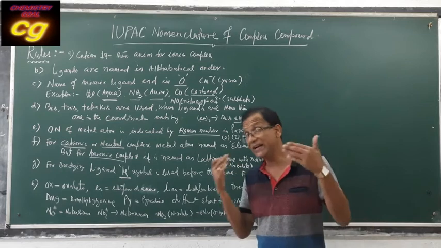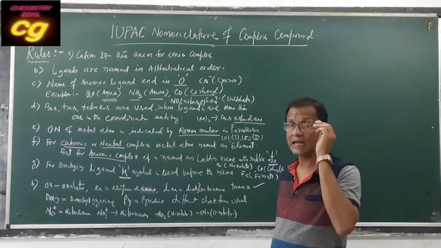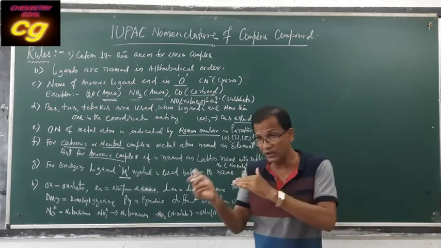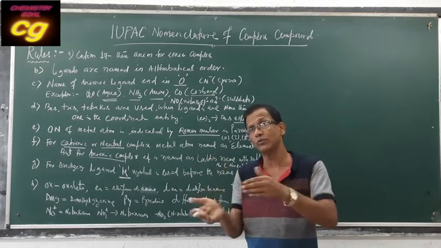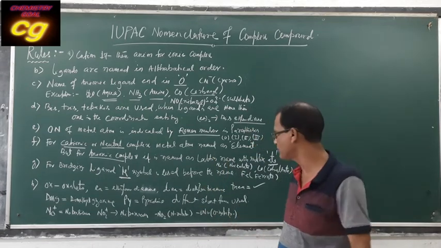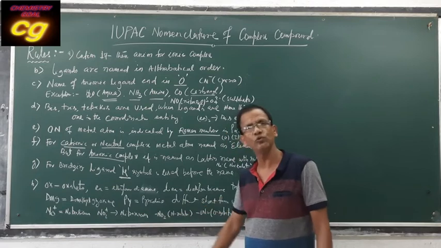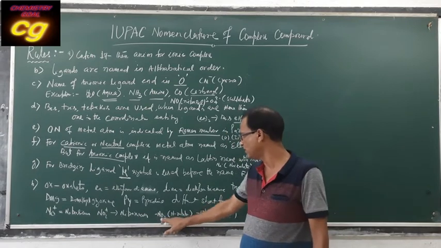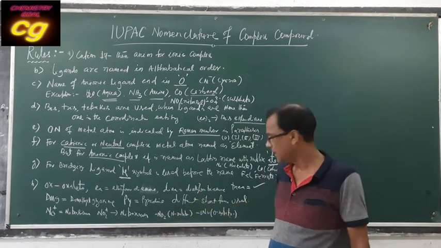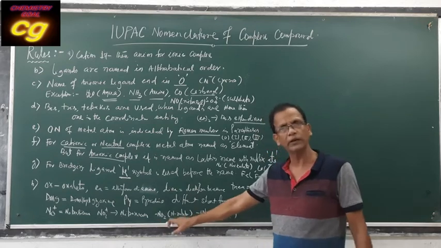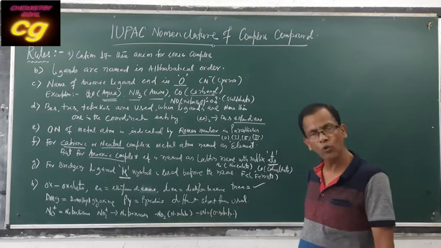If the ligand is an ambidentate ligand, it depends upon the linkage of the particular atom to the metal atom, then the name will be changed. If N is attached to the metal atom in NO2, that is N-nitrito. If O is attached to the metal atom, that is called O-nitrito.